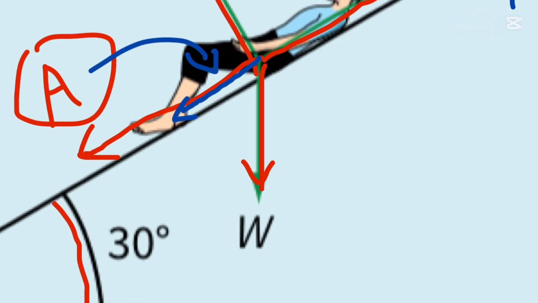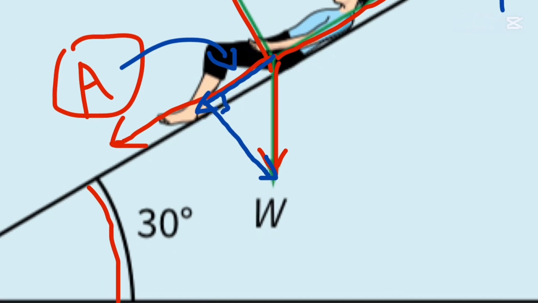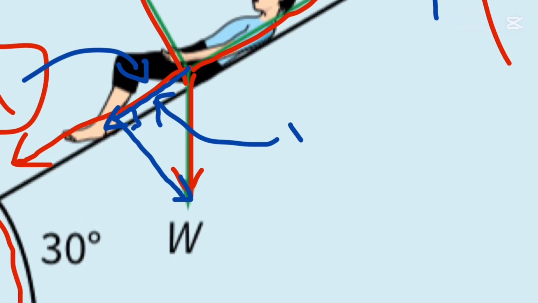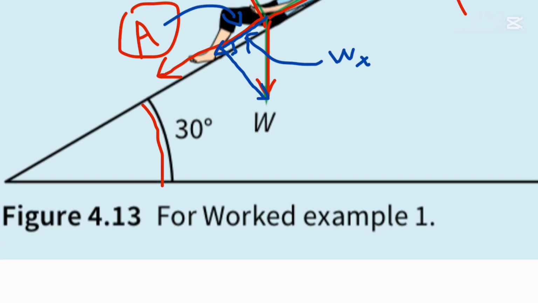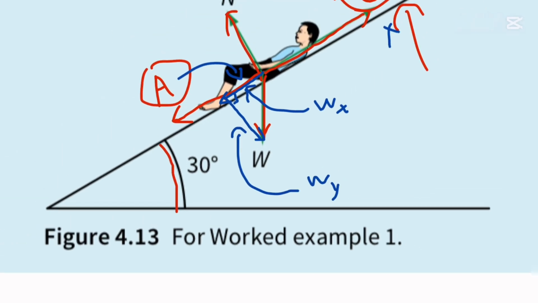I draw a perpendicular line like this, and it should be a triangle. So this is splitting up the force. This force right here is gonna be the Wx vector, and this force right here is gonna be the Wy vector. We just resolve, I think that's the right word, the W vector into two vectors.